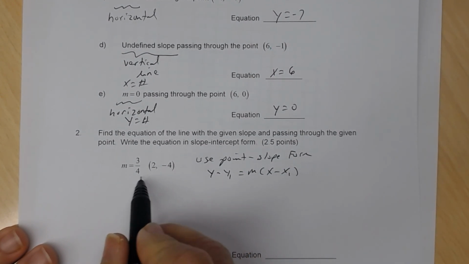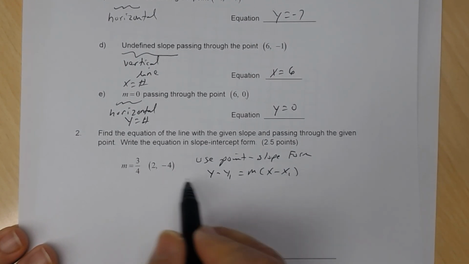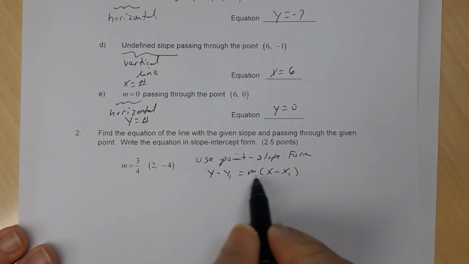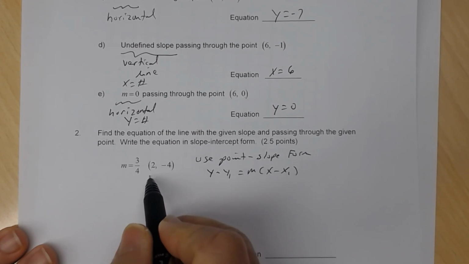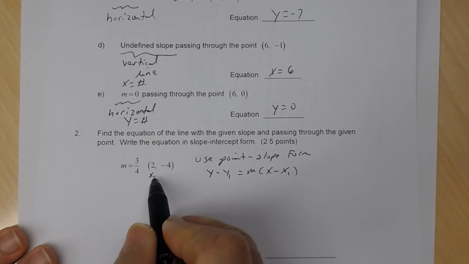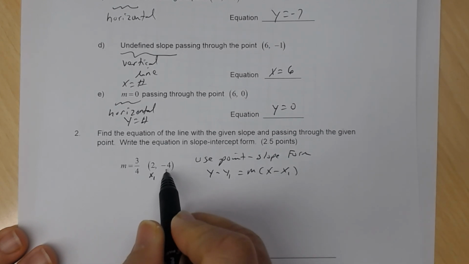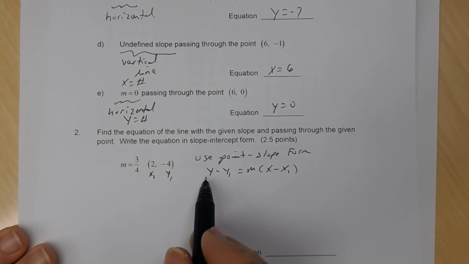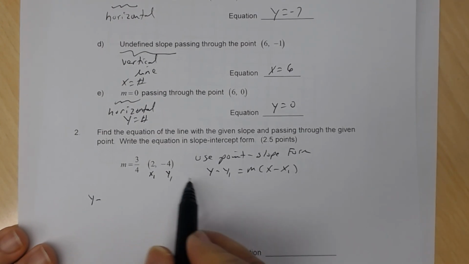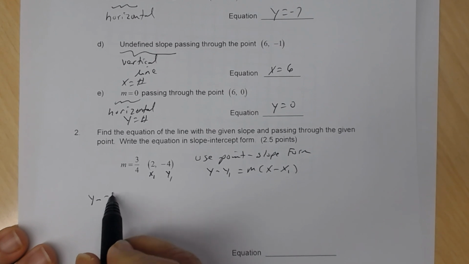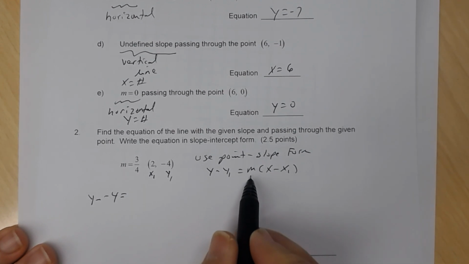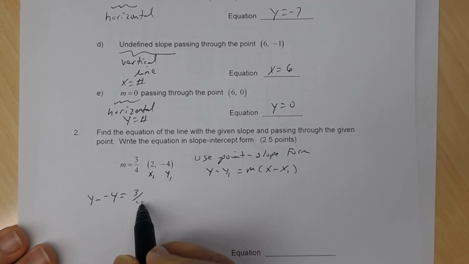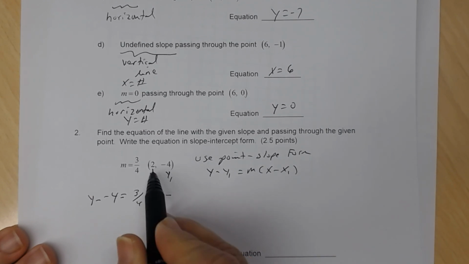I'm just going to plug these values into this formula. 2 is going to be substituted for x sub 1, and -4 will be y sub 1. And so I get y minus -4 equals the slope, which is 3/4, times x minus 2.